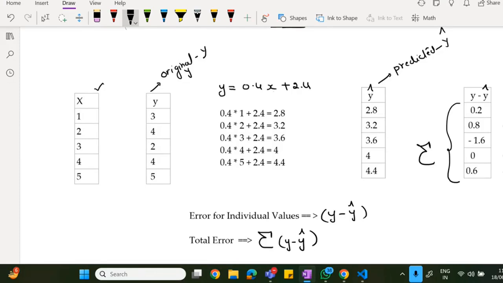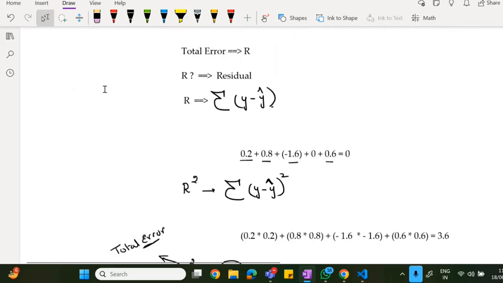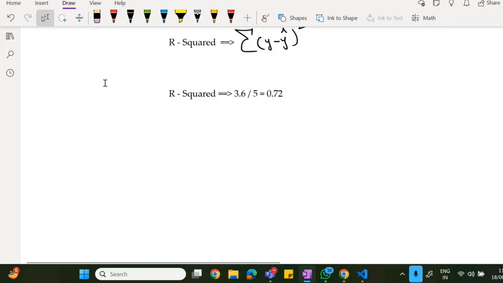But one thing you should understand is that this is the squared value. The actual error is 0.2, but we squared all of them, added them, and distributed it to all of them. We are taking a small error, squaring it, and showing it as a very big error.